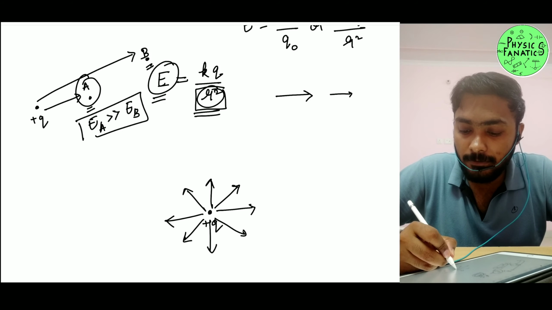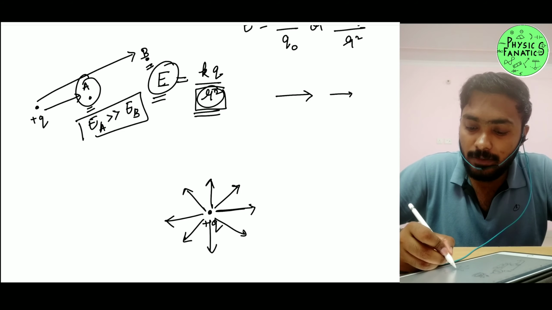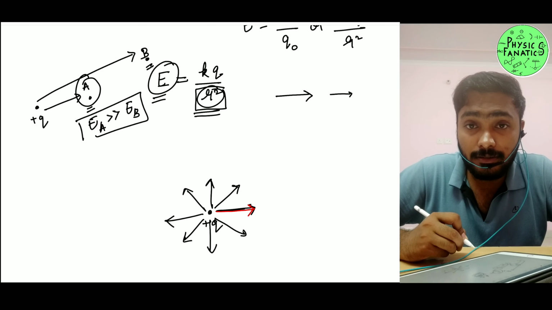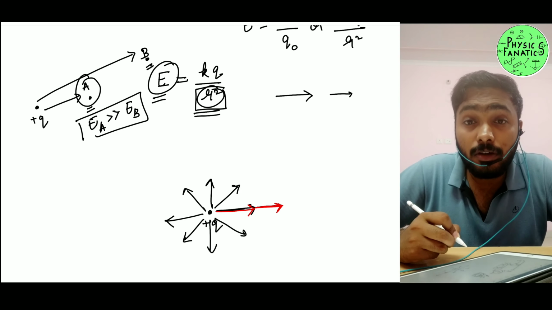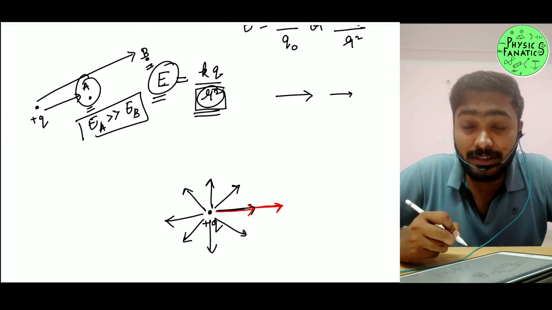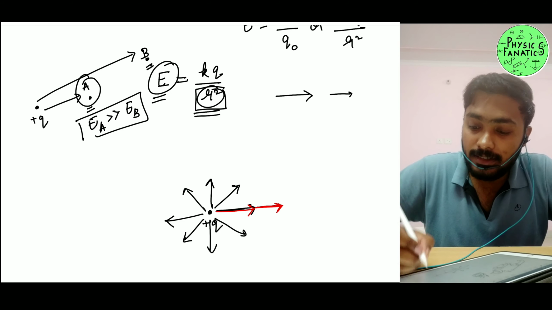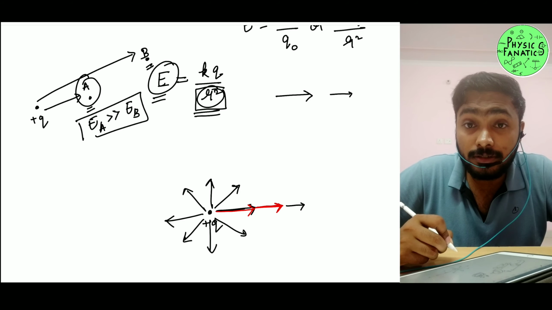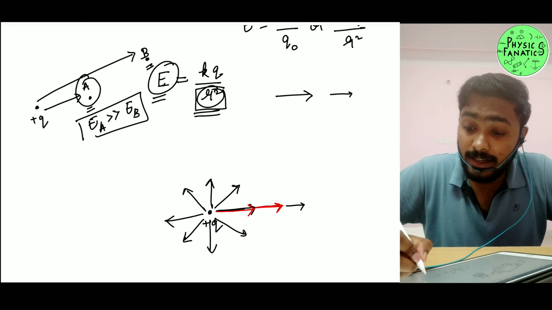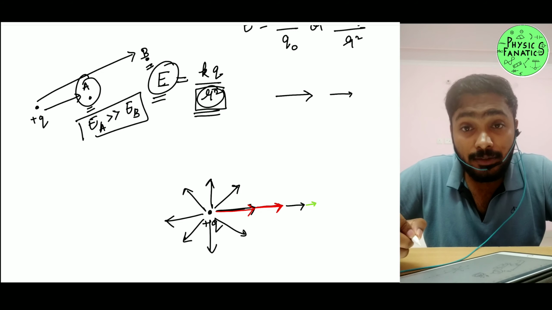So for example, if my first electric field was this, the next electric field will be of shorter magnitude. Very clearly the next one will be even shorter, and the next one even shorter.